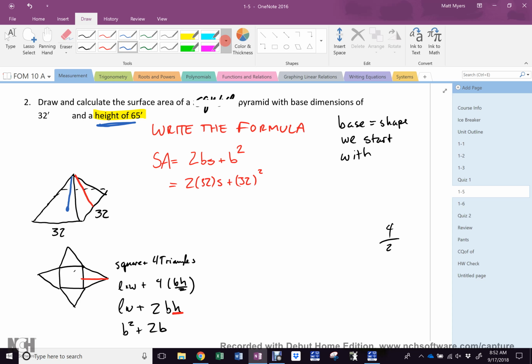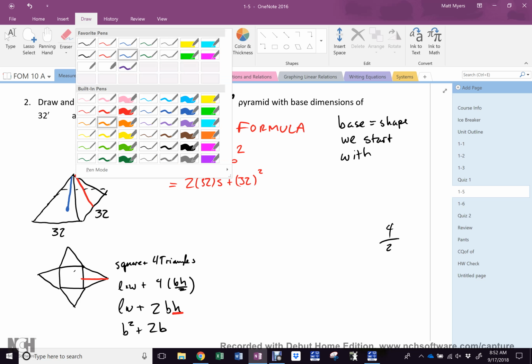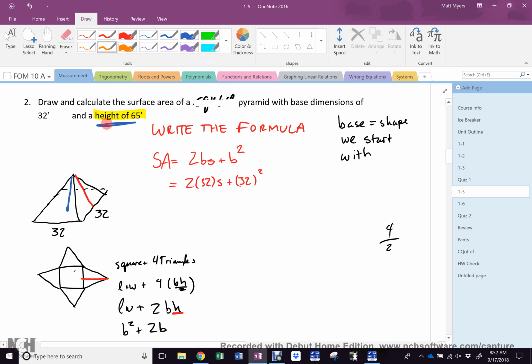I'm going to draw another orange line. I'm going to draw that orange line right there. Does that help? I will draw what I have drawn over here. Blue, orange, red.